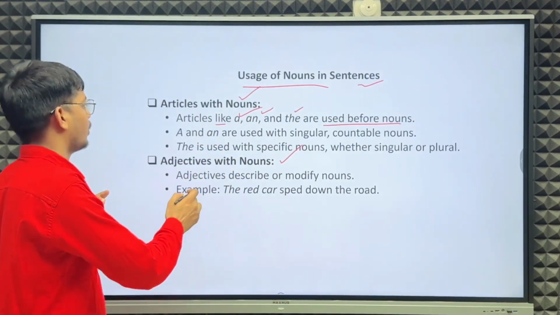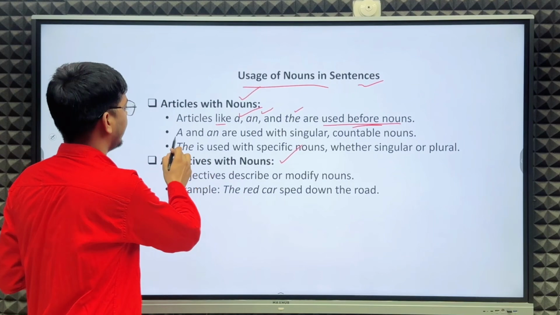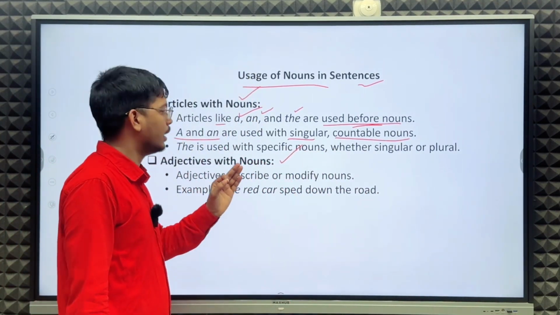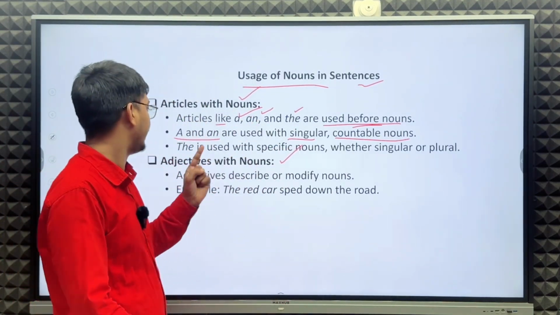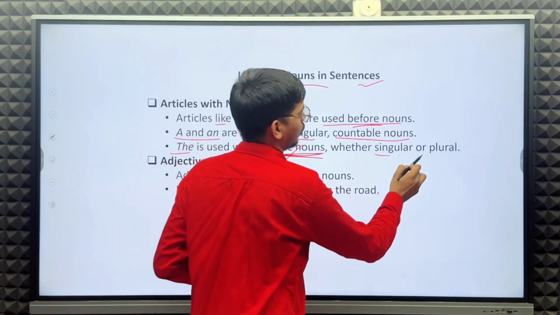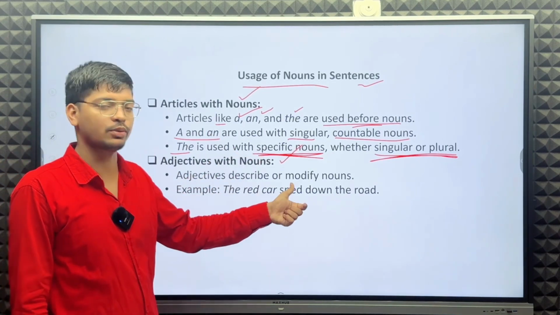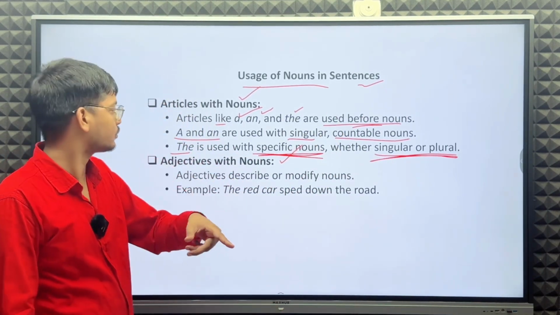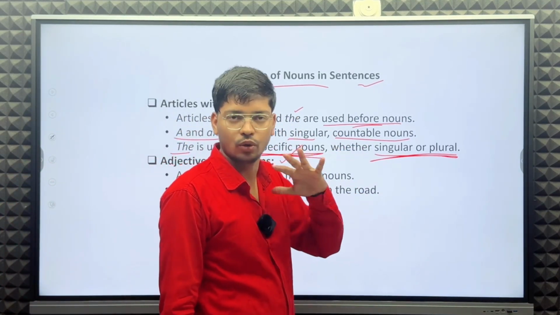A and an are used with singular countable nouns, and the is used with specific nouns whether singular or plural, but a and an are used with singular countable nouns only.